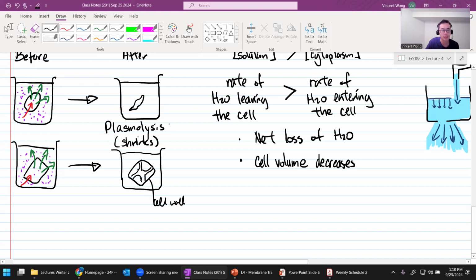It's still pretty much the same thing, but the cell is shriveled up. It's also called plasmolysis. Is it only the vacuole that will be drained? Yeah, exactly. So the central vacuole is now drained, and it kind of deflates the cell. But the cell wall stays where it is. Very good.